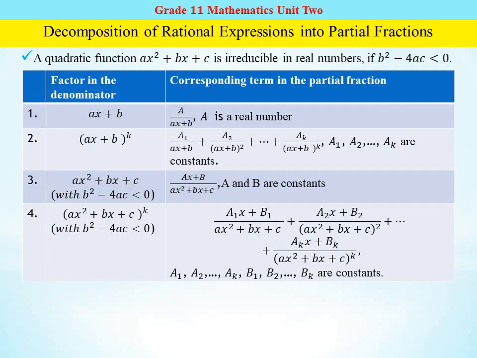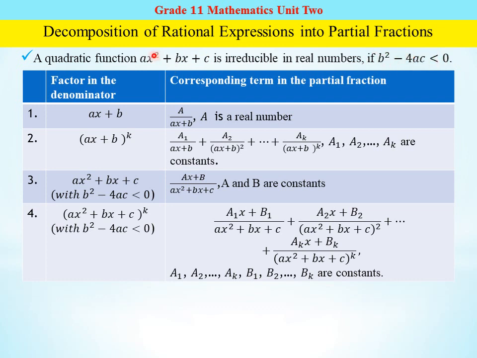The second point: the decomposition of rational expressions into partial fractions. A quadratic function is a function which is written in the form x squared plus bx plus c. This one is said to be reducible in the real number system if b squared minus 4ac is not less than 0. እንግዲህ ይሄ ኳድራቲክ ፋንክሽን ሪዲዩሲብል ለመባል ይሄኛውን ፕሮፐርቲ ማሟላት አለበት። a ማን ነው?